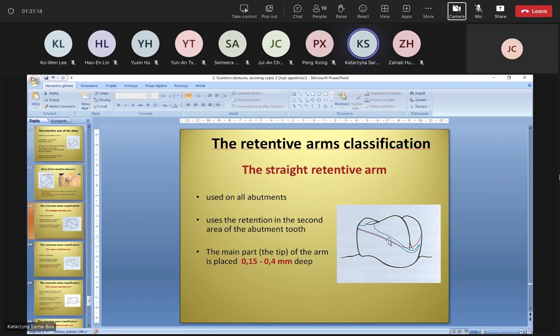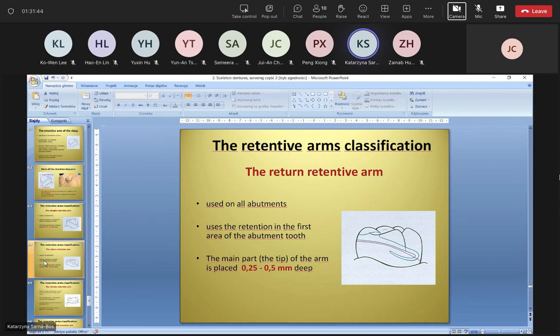So when we design such a clasp, the tip should be placed in the second area of the tooth. And the main part, the tip of an arm, is placed 0.15 to 0.4 millimeter deep, like you see here, so below the survey line. This is the straight retentive arm, and this is the most commonly used clasp in the case of the skeletal denture.